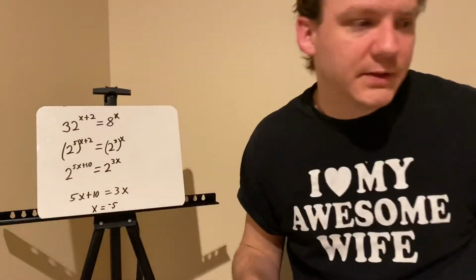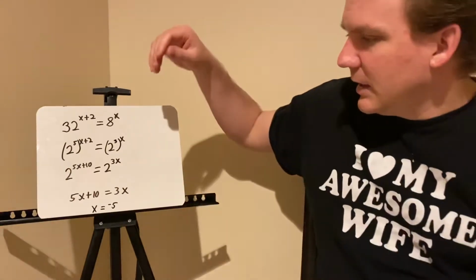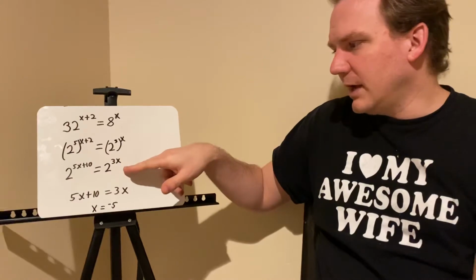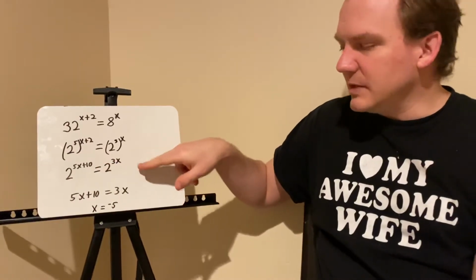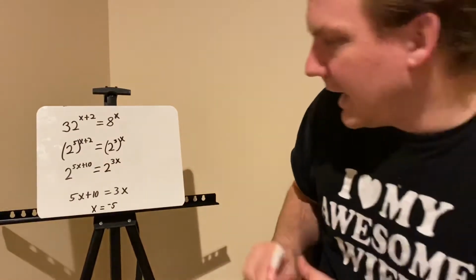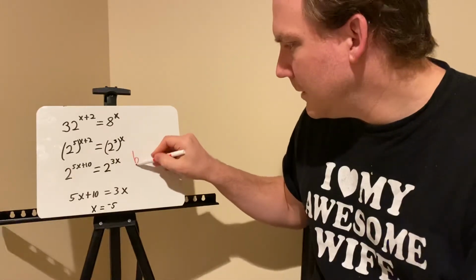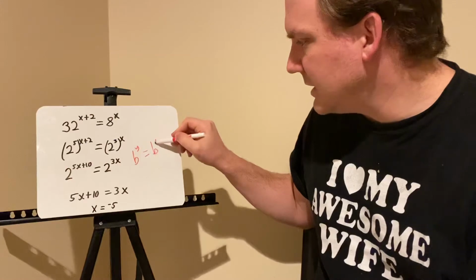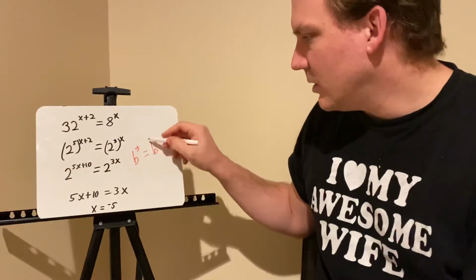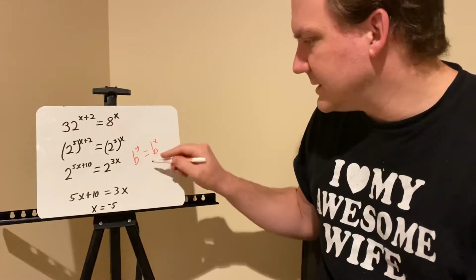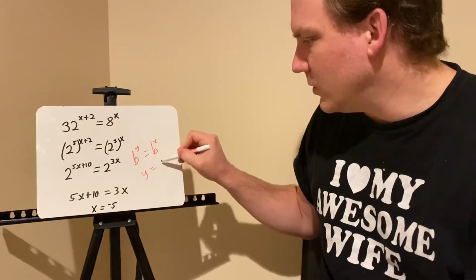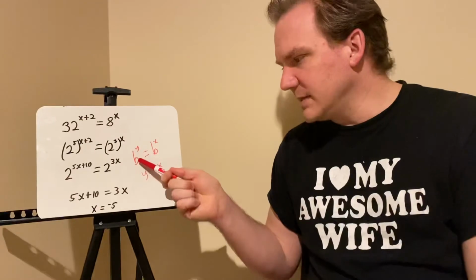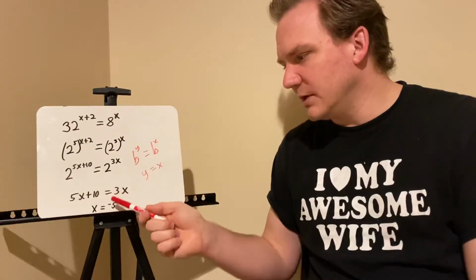The reason you want the common base is because when I get down here, I have the same base, which means that if b to the y is equal to b to the x, the property says that y equals x. So when you get to a common base, you can set your exponents equal to each other and then solve for x.